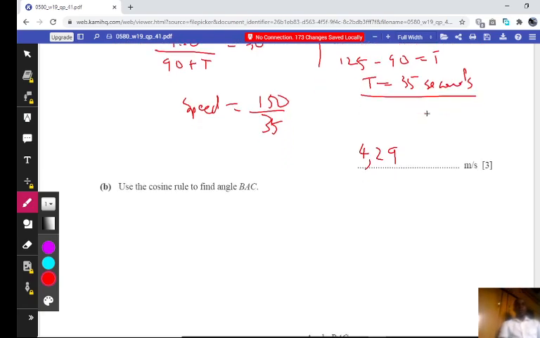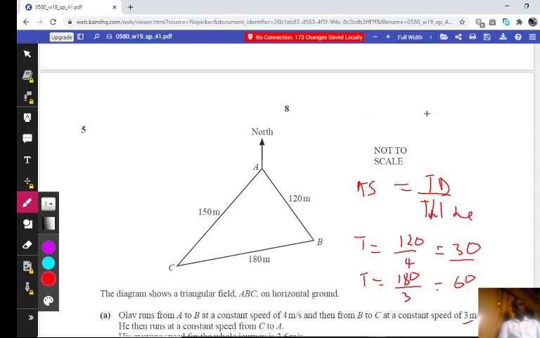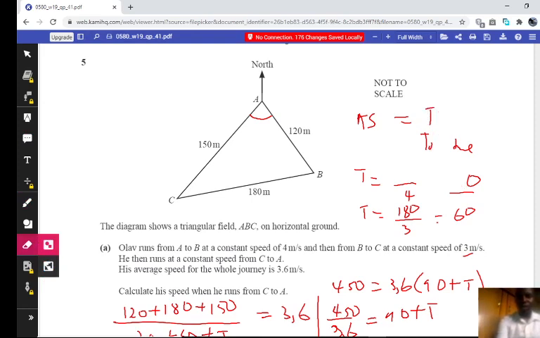Use the cosine rule to find BAC. Want to find angle BAC? This is the angle BAC. Right, so to find this angle BAC, let me rub this part.